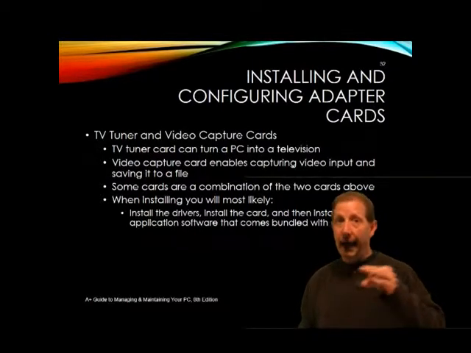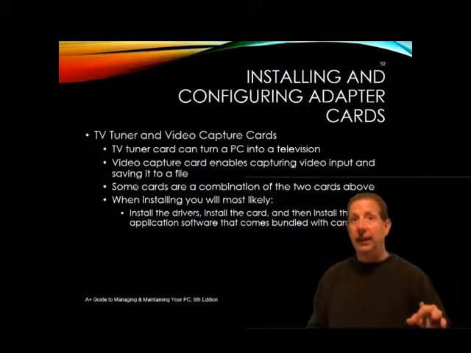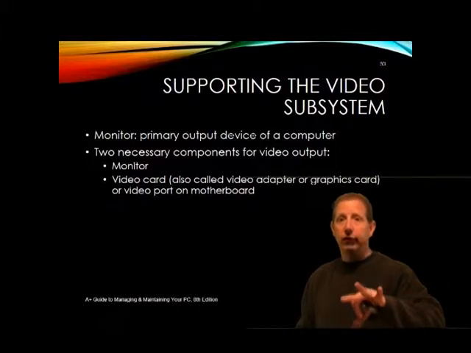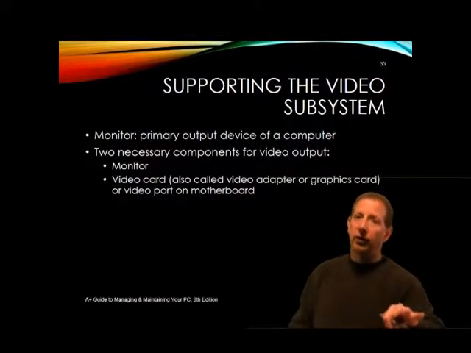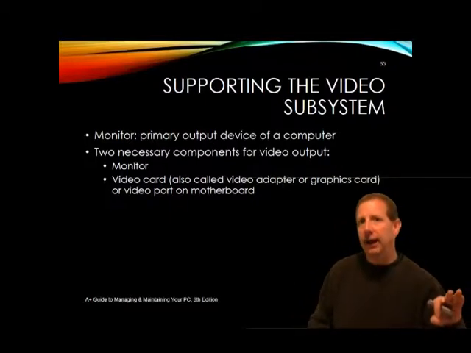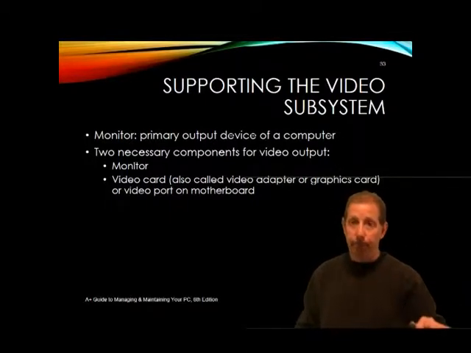Now, a video capture card lets you capture the video input and then save it to a file on your hard drive. It's important that you know the difference when you're dealing with your customers between a TV tuner card and a video capture card. They are not the same.